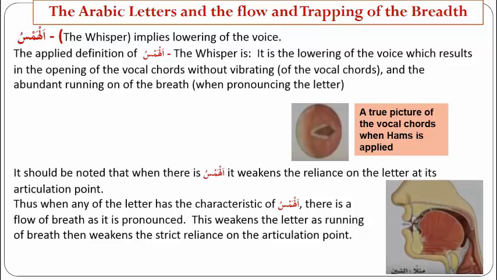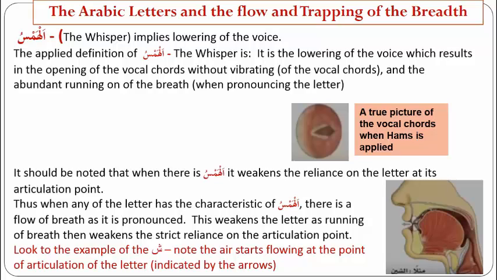Look at the example here, okay, of the sheen. Note that the air starts flowing at the point of articulation of the letter, indicated by the beginning of the arrow. Notice where the arrow starts? At the top, at the point where the sheen originates. Remember when we did the makhraj for the sheen?